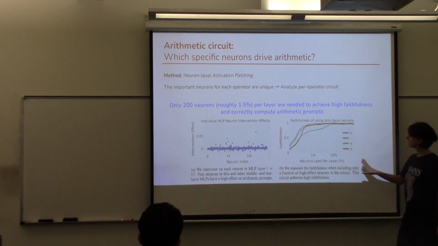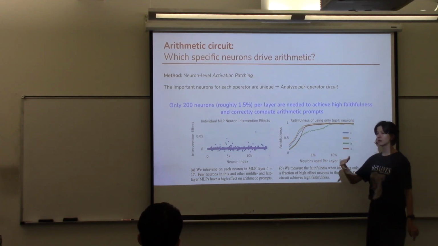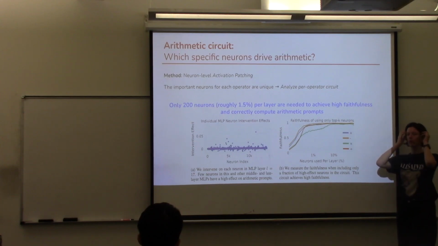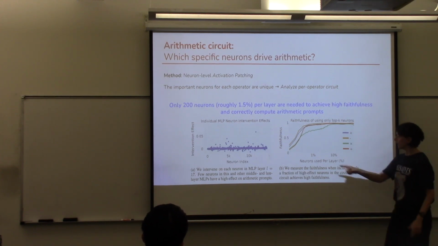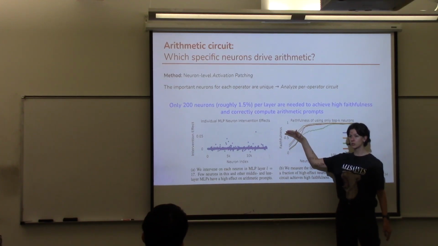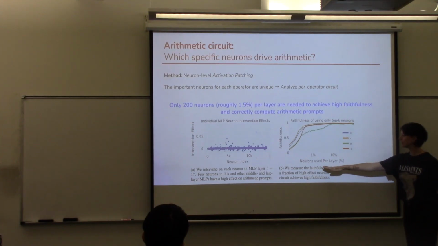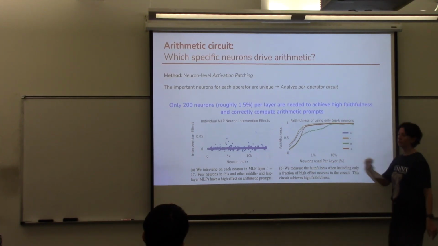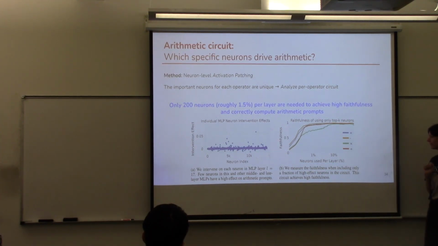Also, here you can see the same metric of faithfulness that we were using before. Now you can define a circuit out of neurons, and you can use the same equation as we did before. On the y-axis here, you are seeing the faithfulness value. Higher means closer to what the model is doing, which is desirable. And here is the fraction of neurons we are using per layer.